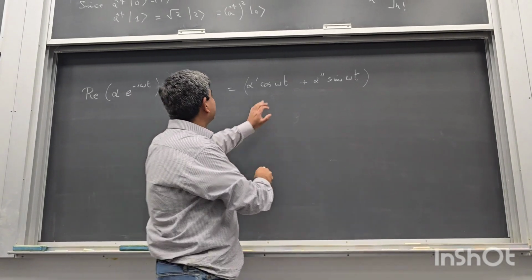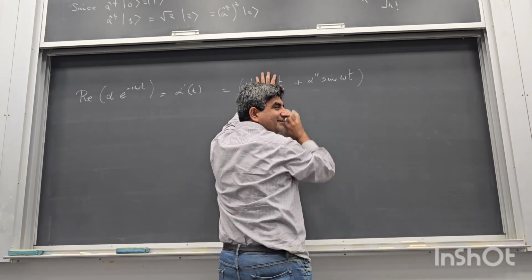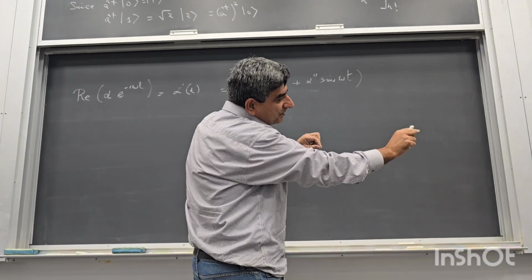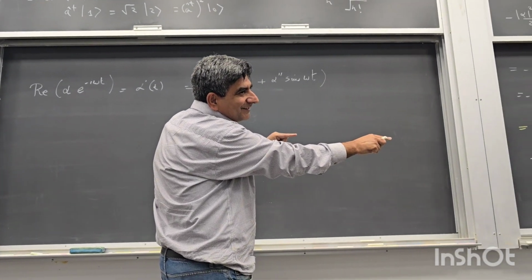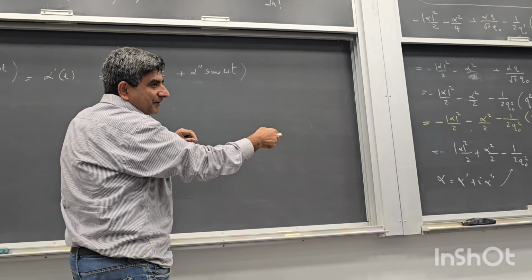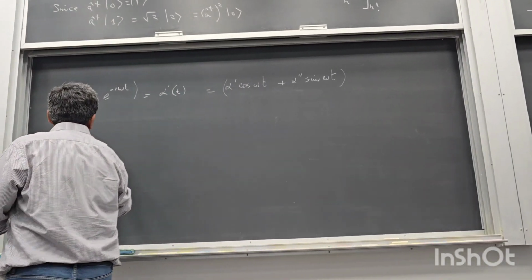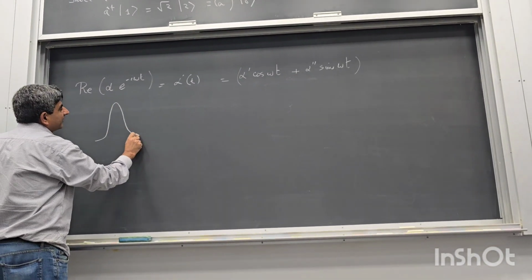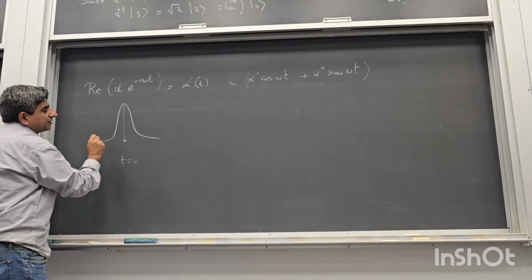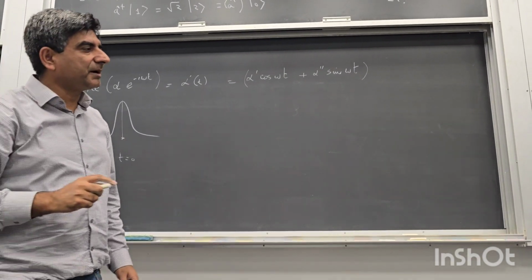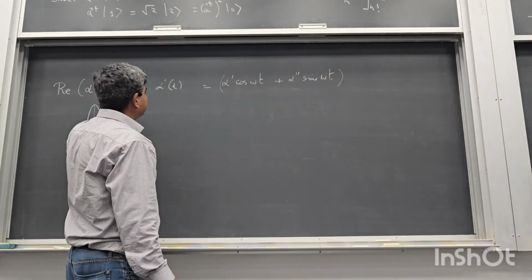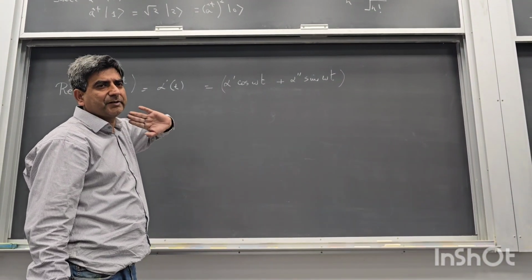At time t equals 0, I just said alpha prime. At later time, the alpha prime, which is the displacement of that operator as a function of position, changes. So at some time, my wave function is here. This is at time t equals 0. Let's suppose that my alpha is real, to make things simple.